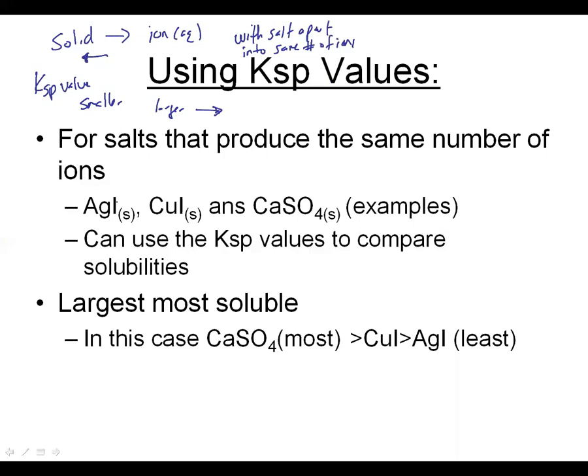So what does that mean? Take these three right here. When silver iodide breaks apart, it breaks apart into a silver ion and an iodide ion. When copper(I) iodide breaks apart, it breaks apart into a copper ion and an iodide ion.